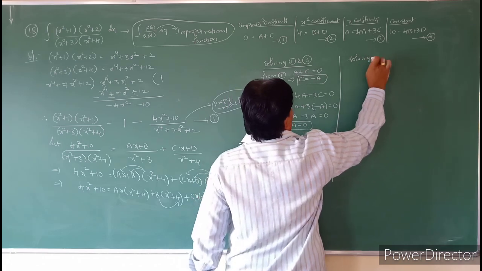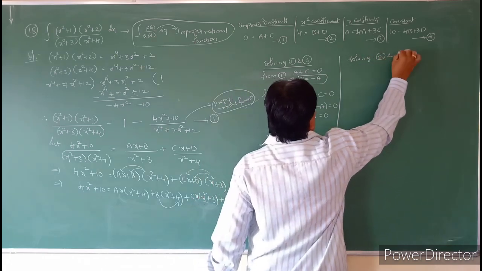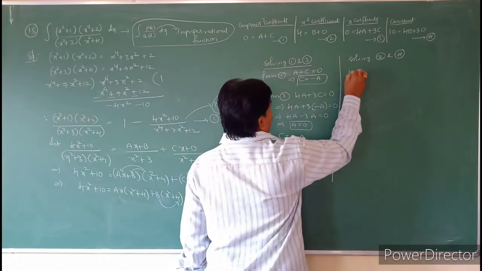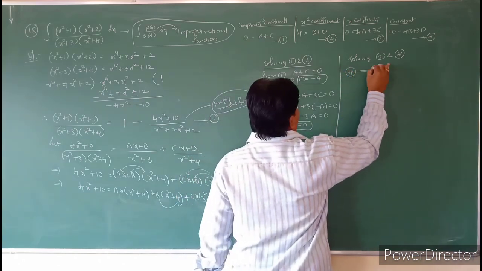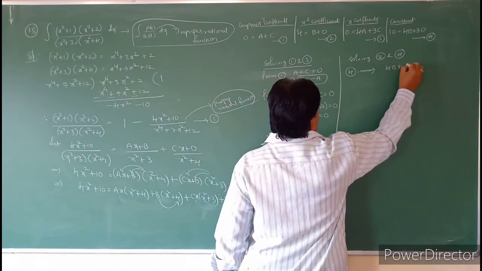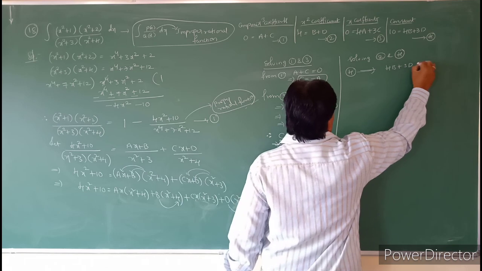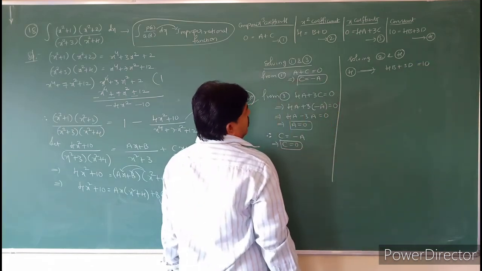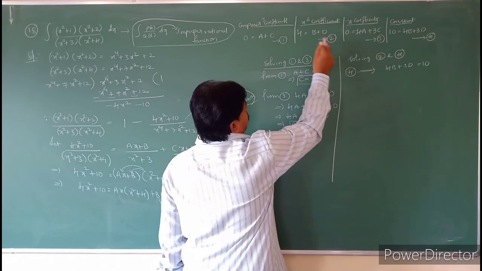Solving 2 and 4. First I will take equation 4. Equation number 4 is nothing but 4b plus 3d is equal to 10. And I am multiplying equation 2 with 4.